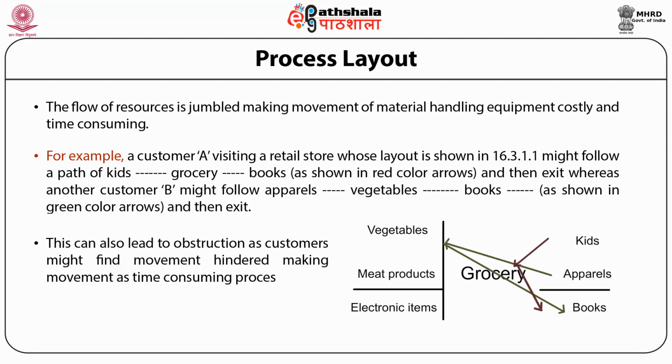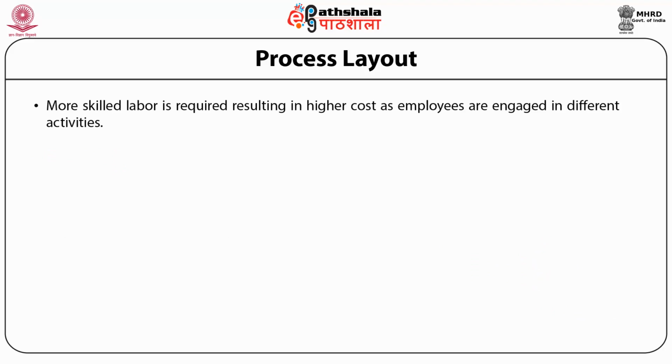The point is every customer might follow a different path, thus making movement of people and handling material jumbled. This can also lead to obstruction as customers might find movement hindered, making movement a time consuming process.